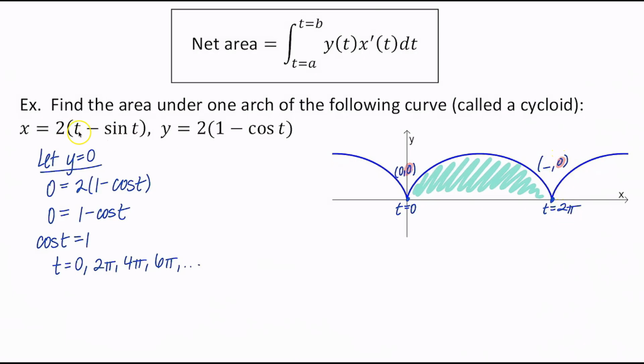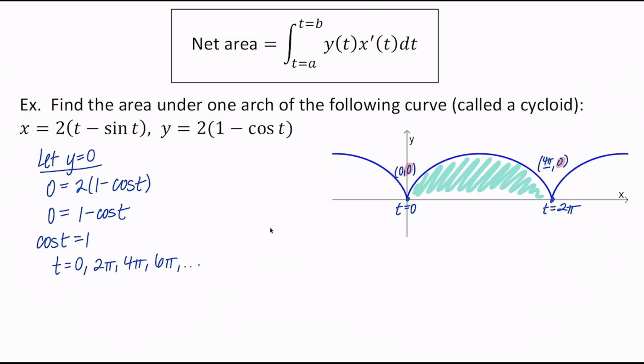If I substitute 2π into t over here, I'm going to get 2π minus sine of 2π. That's 0. So 2 times 2π is 4π. So this x value right here is going to be 4π, but that's not what I'm interested in. I'm interested in the t value when that happens. So my limits of integration are going to be 0 to 2π.